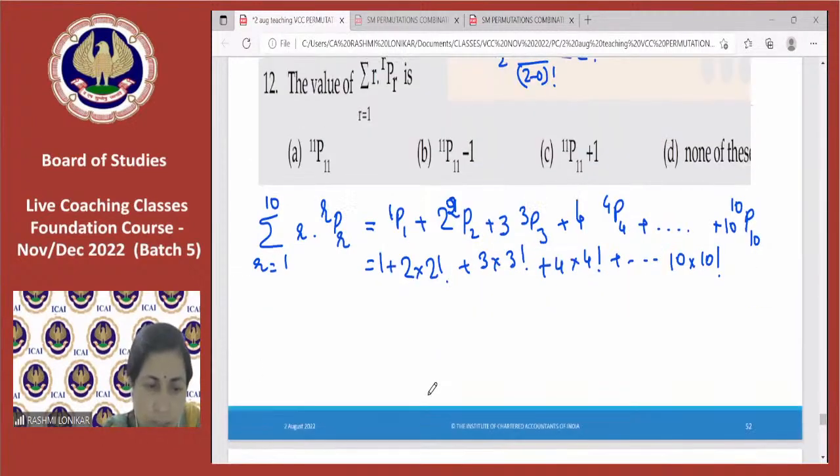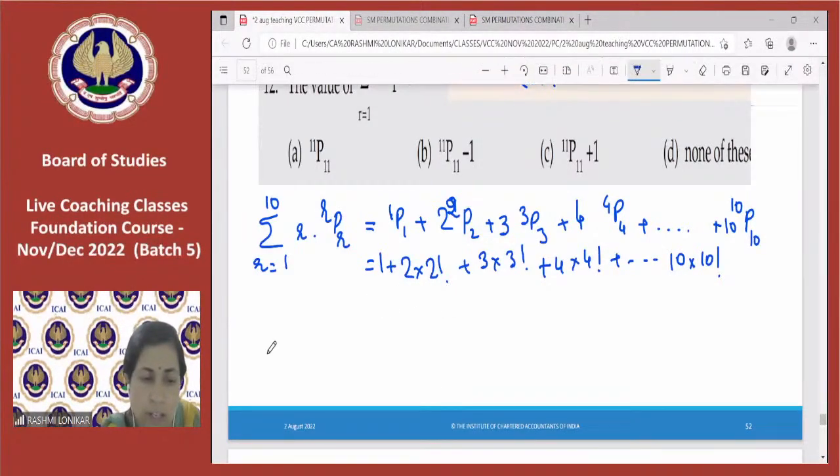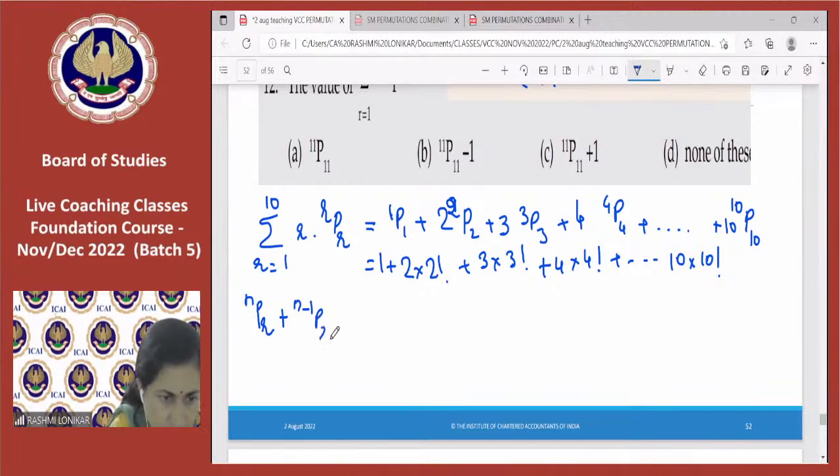Now what is going to happen over here is nPr plus nP(n minus 1)r, okay, so we will do this.